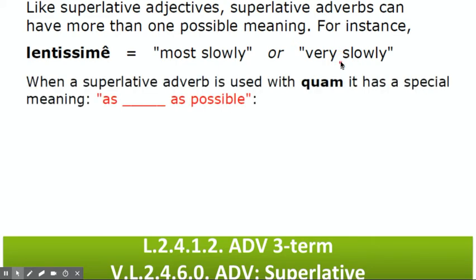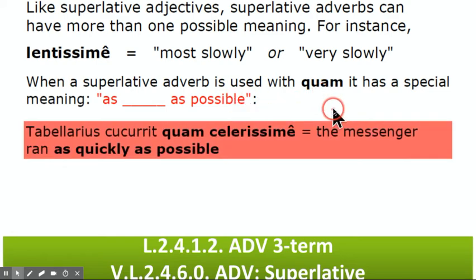But you can add a quam with that adverb to create the superlative. As blank as possible. The letter carrier ran as quickly as possible. So it's what's the term? As fast as, it's a similar idea.